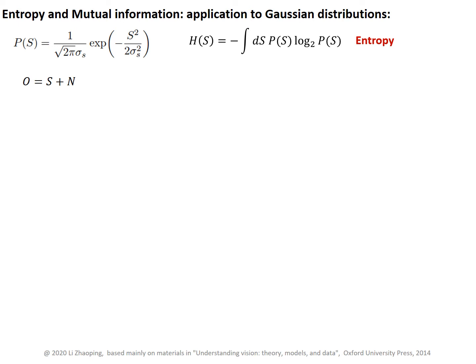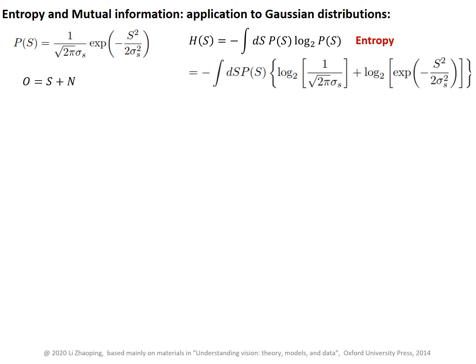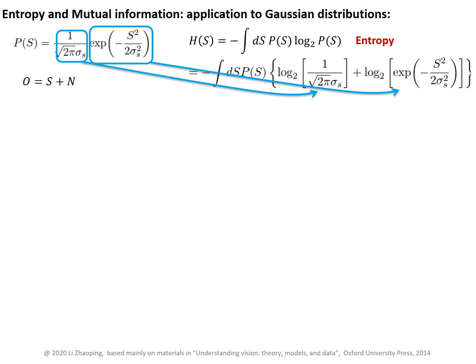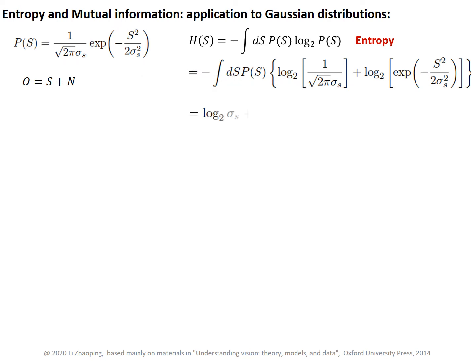Now let's calculate the entropy of our Gaussian variable S, and this entropy formula is now an integral. We'll fill in the details and note how each of the two log terms arises from filling in the Gaussian distribution for P of S into the argument for log 2. And we continue to the next step.